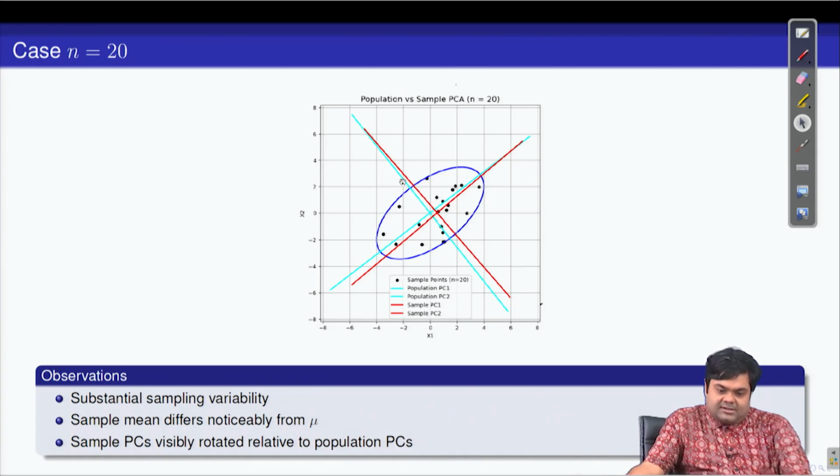The dark blue is the density ellipsoid, this contour. The light blue lines are the major and minor axes of that ellipse, the population PCAs, and the perpendicular red lines are the sample PCAs based on this sample of size 20. They are close, but not completely aligned, and this is happening because sample size is 20.